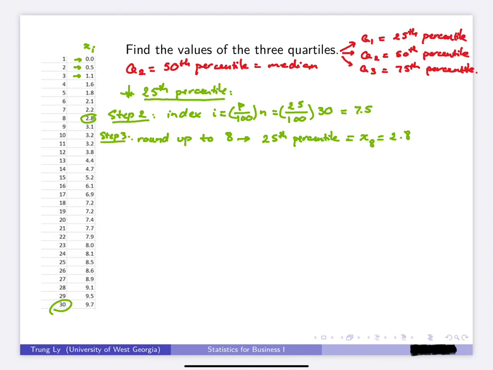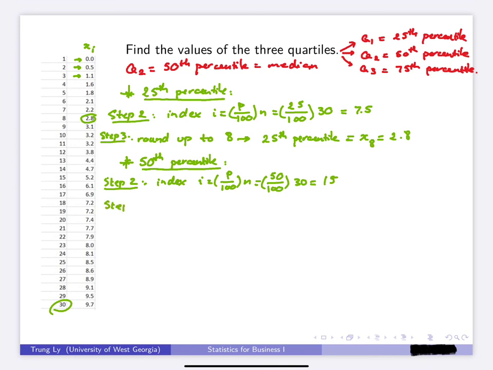So now that was the 25th percentile. Let's now look at the 50th percentile. So we start by finding the index, which is equal to P divided by 100 times the number of observations. So here we have 50 divided by 100 times 30, and that's going to be 15.